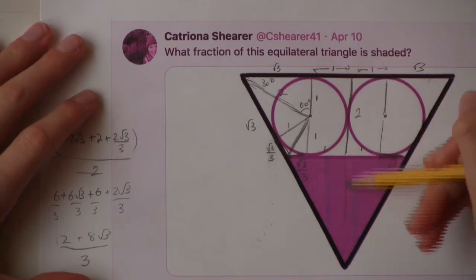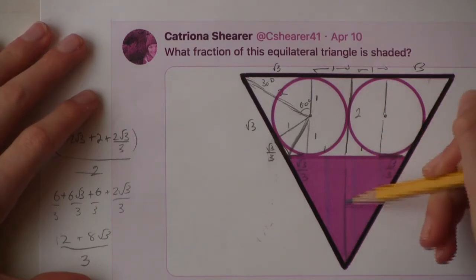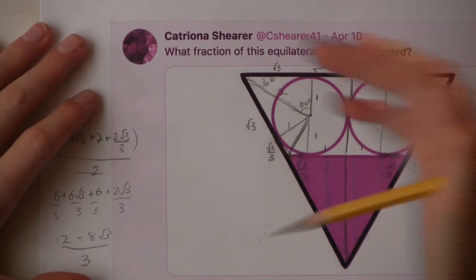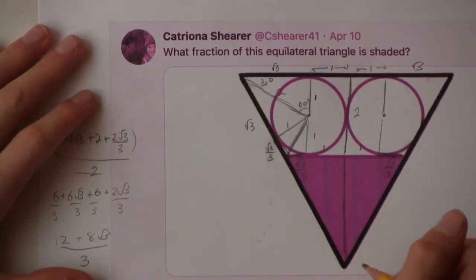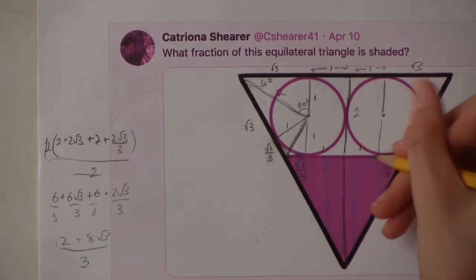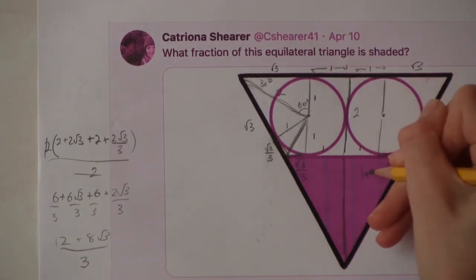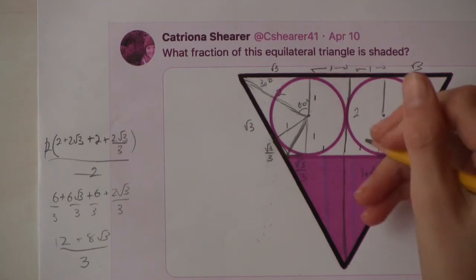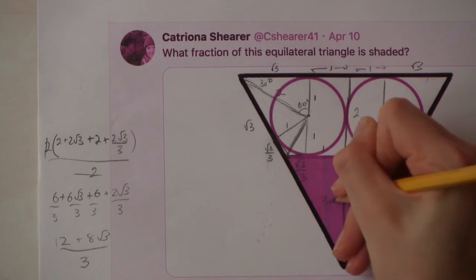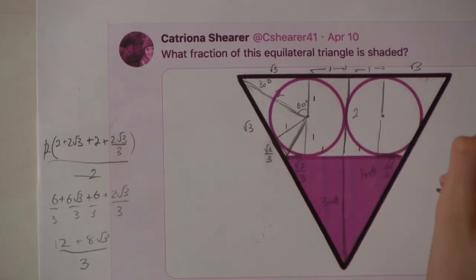Then to find the area of the big triangle, we know this length is 1 plus root 3. That means this length is 3 plus root 3, multiplying both of the terms by root 3.